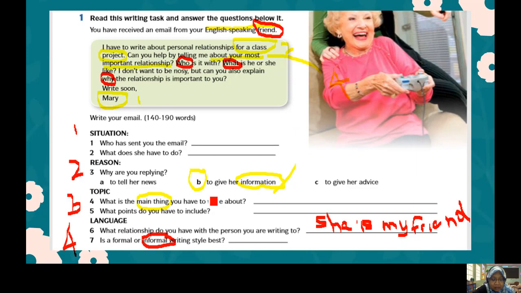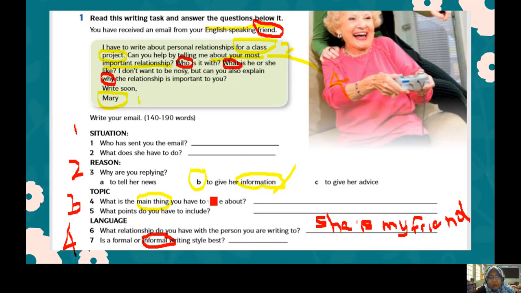Let's say it's between an artist and you, you can write down that basically you are only his or her fan, so you have to describe longer about it. What is he or she like? You have to describe his or her personal appearance, attitude, and why the relationship is important to you.